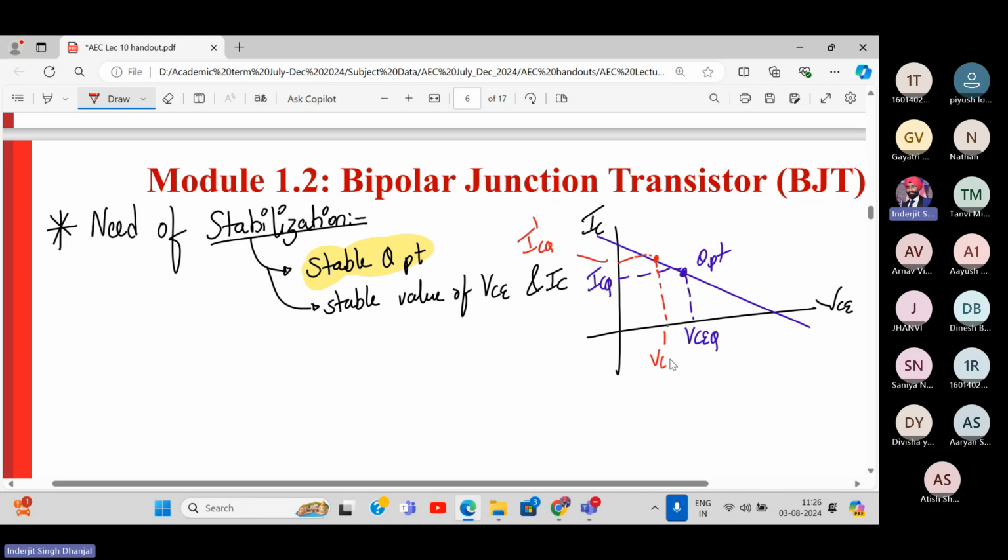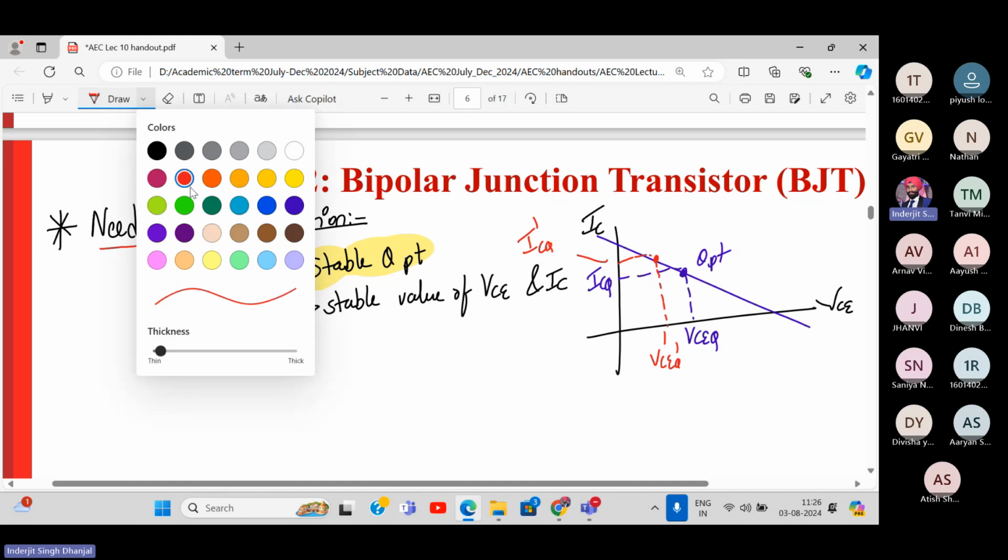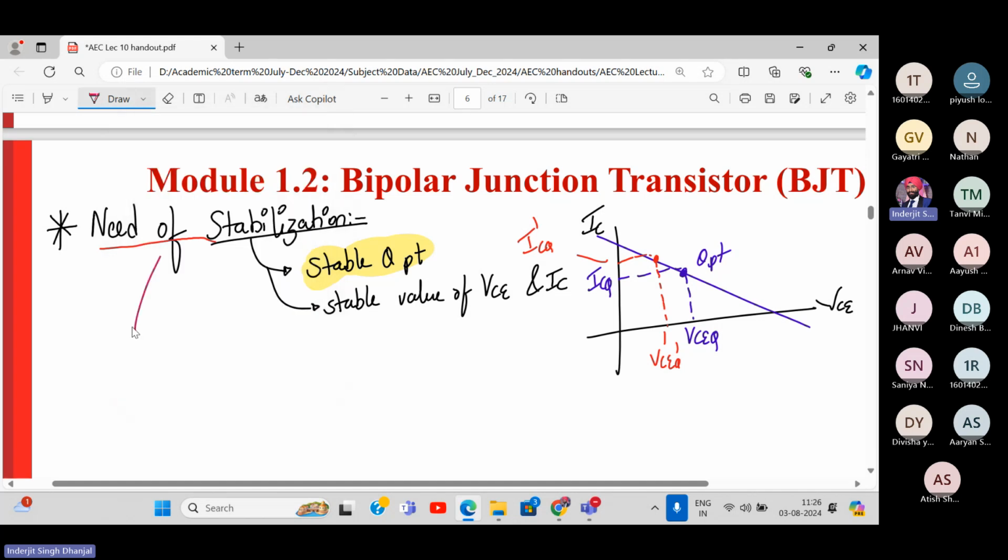You will get a new value of VCQ. We don't want that. It is not preferred to have new values of VCQ. So the Q point should not shift. That's why we want the stability of the Q point. All right. So what is the need of stability? Formally, write down, what do you mean by stability?